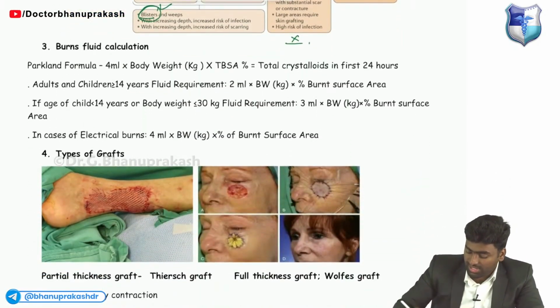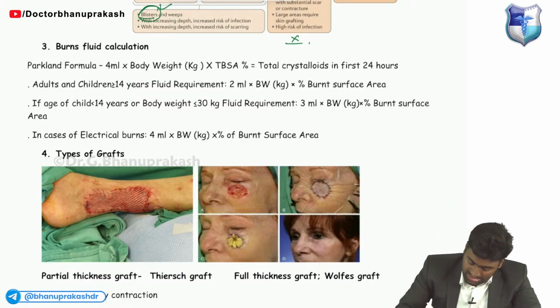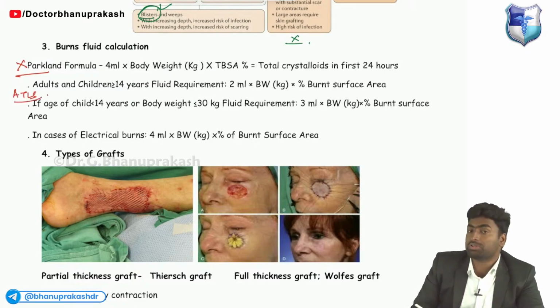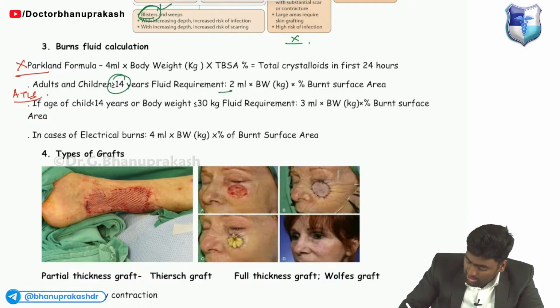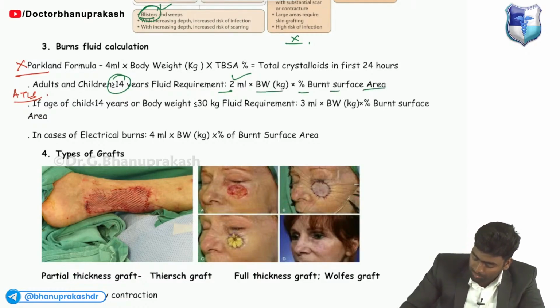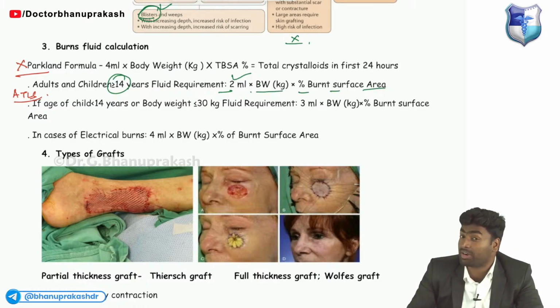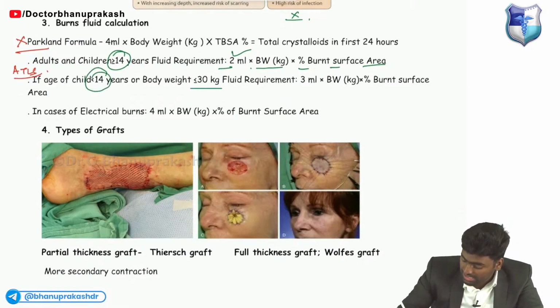After that classification, you need to calculate the fluids, how much amount of fluids you will give. Previously we used to use the Parkland formula. Now we are using the ATLS formula. For this ATLS formula, remember, for adults who are more than 14 years of age, in most scenarios it is 2 ml into body weight in kg into percentage of burn surface area. If the child is less than 14 years, or the body weight is less than 30 kg, then it is 3 ml.